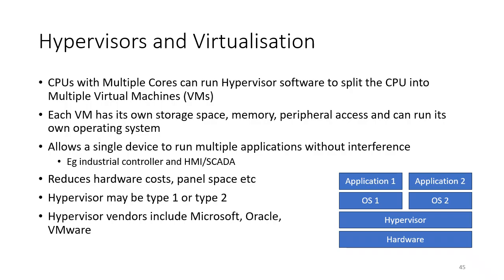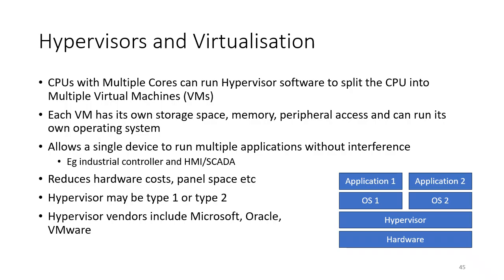It's worth touching on hypervisors and virtualization. What we find with modern, very powerful computers is they're almost too powerful. A lot of the time, they're just sitting there doing nothing, waiting for the next request from the application or from the user. So what we can do is, and also by leveraging multi-core technology, we can potentially run hypervisor software to split the CPU into multiple virtual machines. So the idea now is we can run multiple operating systems on each individual virtual machine.